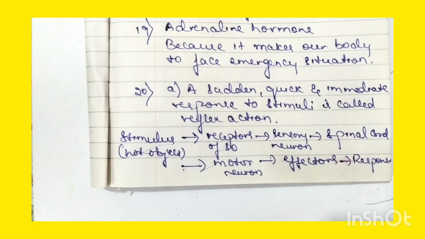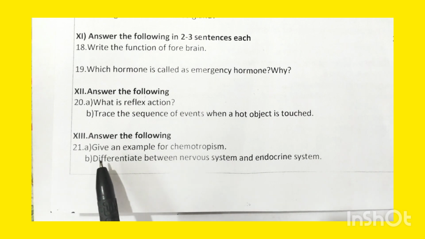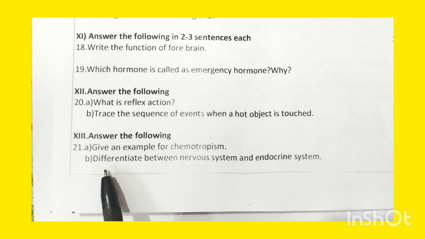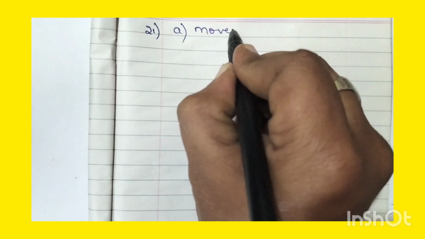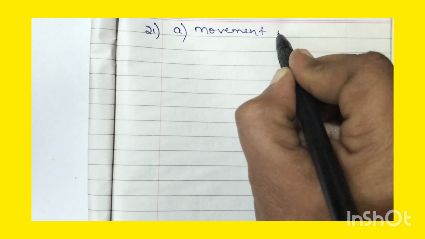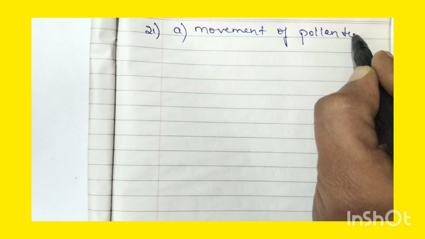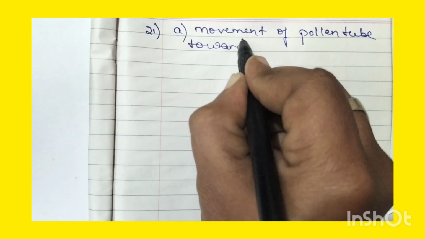Now let us move to question number 21, that is the last question. Give an example for chemotropism, then differentiate between nervous system and endocrine system. Example for chemotropism is movement of pollen tube towards ovule.